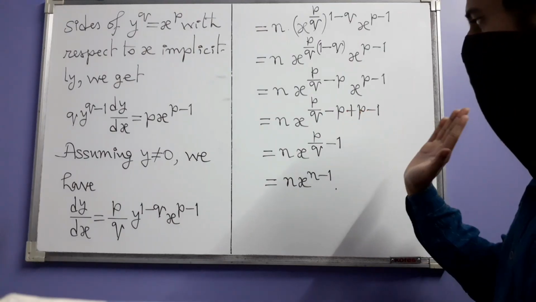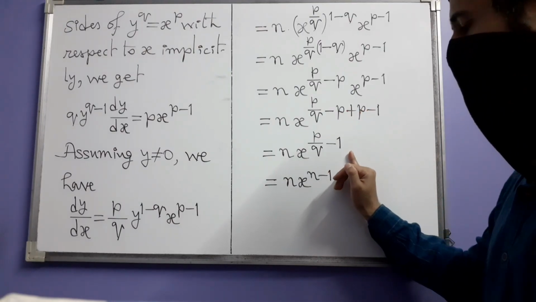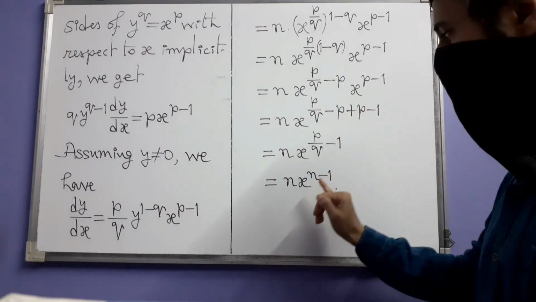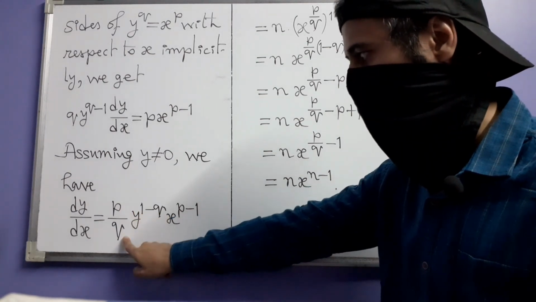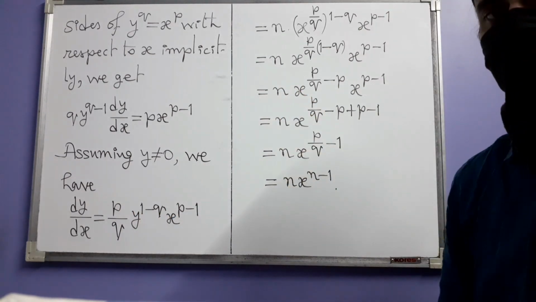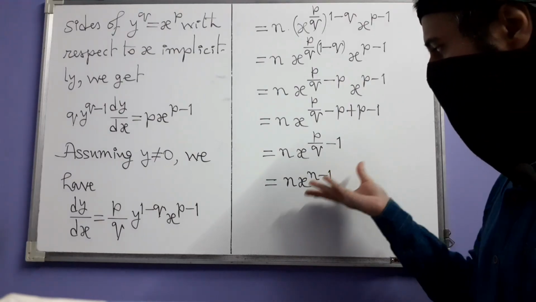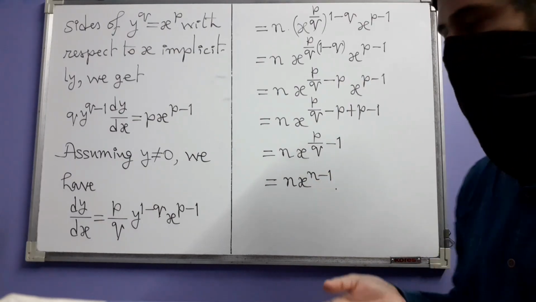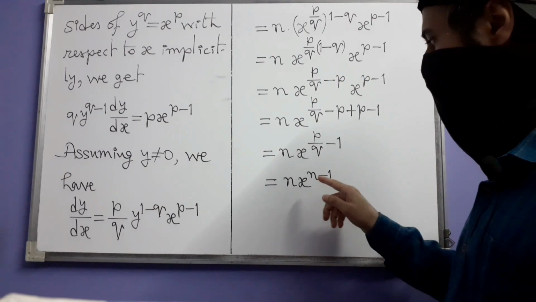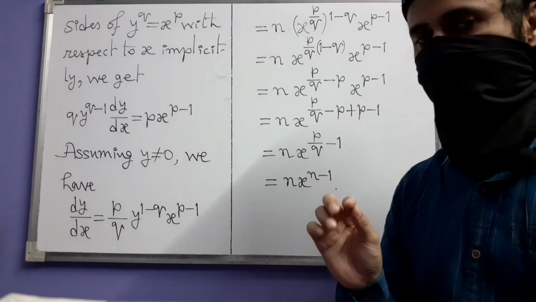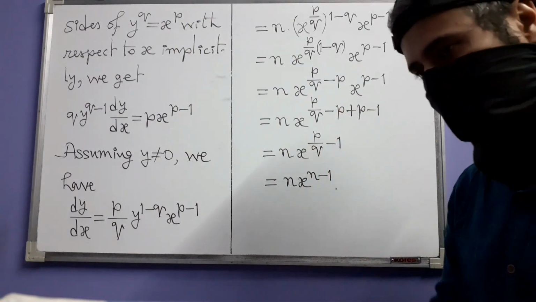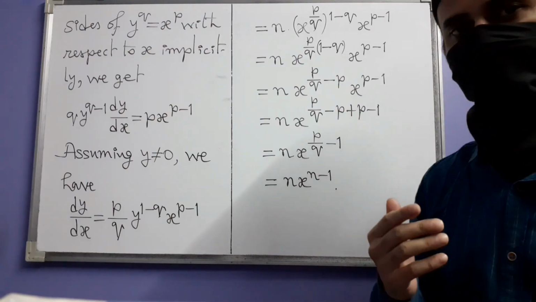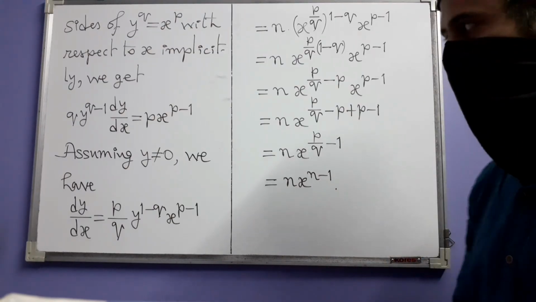After cancelling minus p and plus p, you have p over q minus 1, which is just n minus 1. And along the way you also note that p divided by q is n. So that's how you have got what you wanted to get. And here also you see that even when the exponent n is rational, the form of the derivative is still the same, n times x to the power n minus 1.